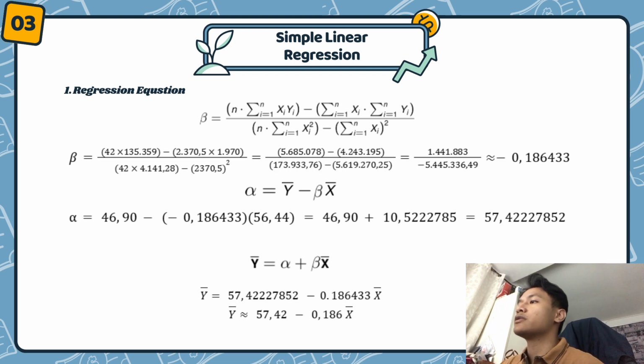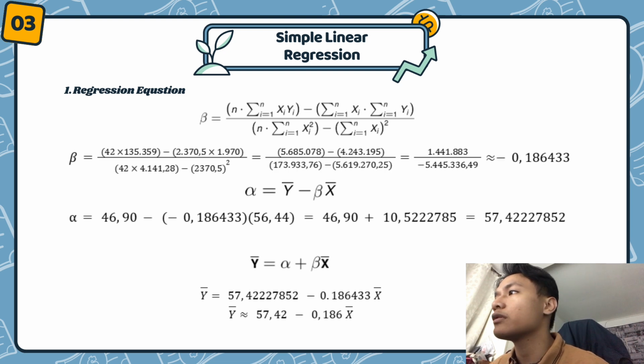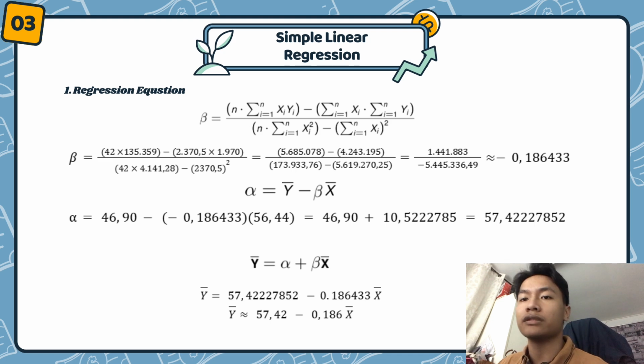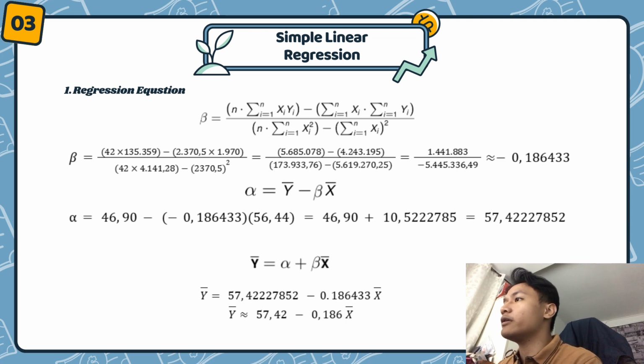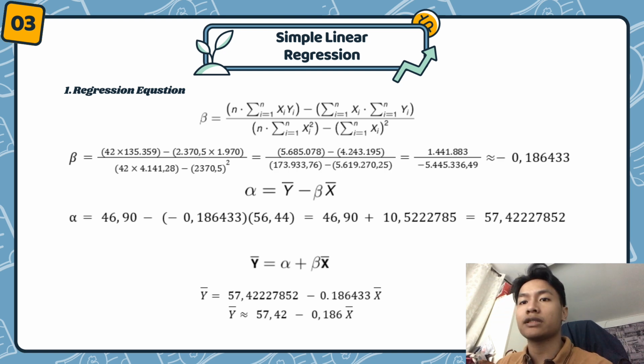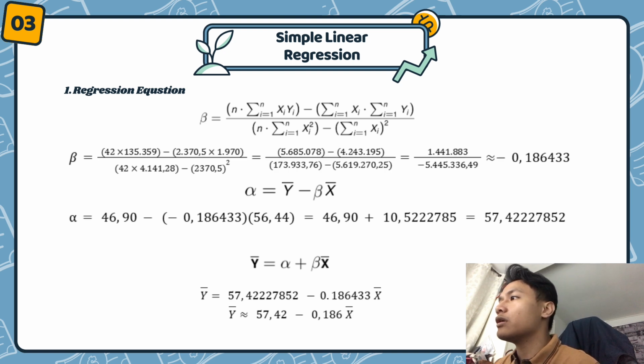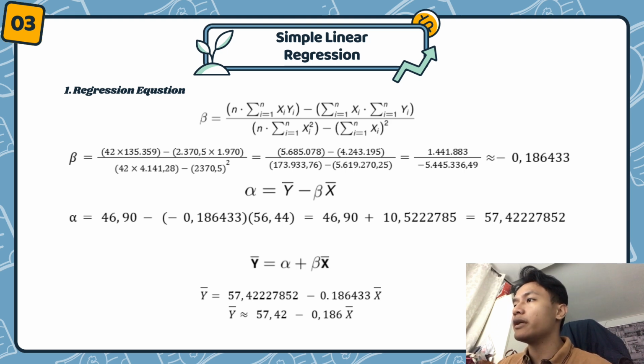So basically we put all the data that we found previously into this formula, with n, the summation of x and y and their combination, and the result we get for the first equation is 0.186433.